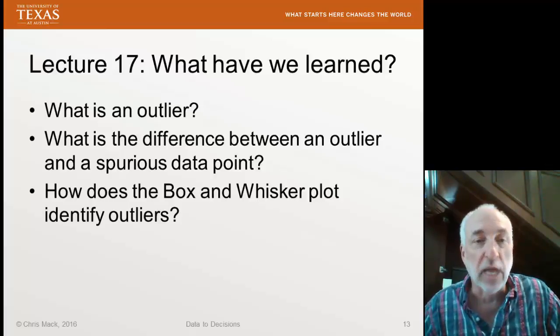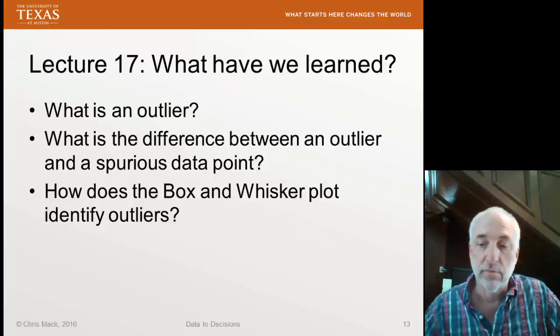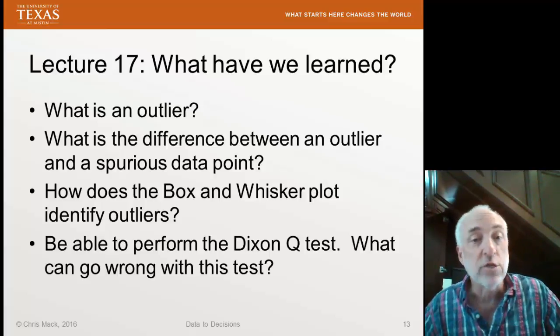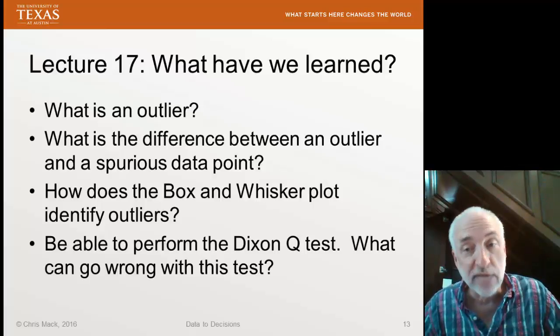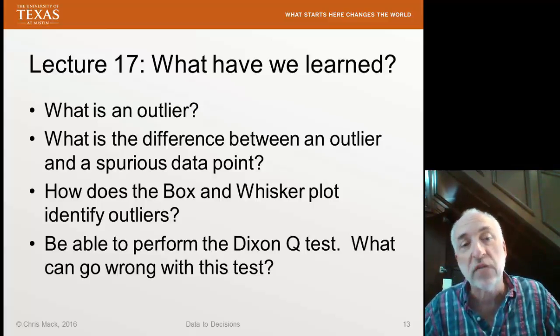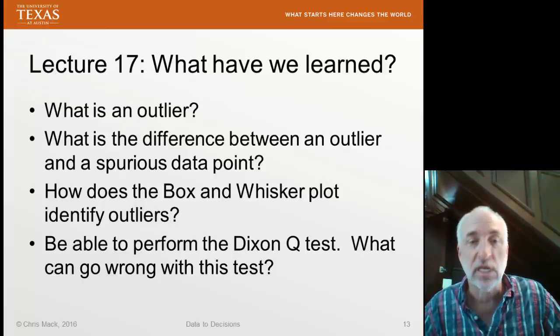How does the box and whisker plot label or identify outliers? And finally, you should be able to perform the Dickson Q test, but also understand what kinds of things can go wrong with this test.